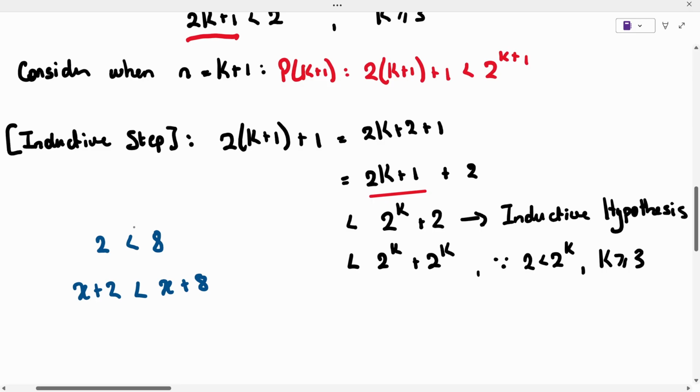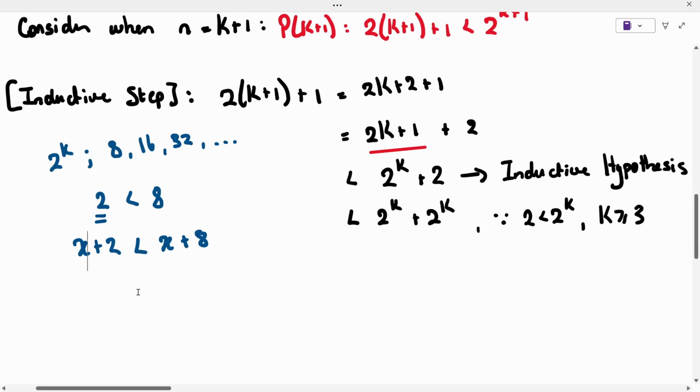So if k is greater than or equal to 3, our possible values of 2^k, starting from 3, are 2^3, which is 8, 2^4, which is 16, 2^5, which is 32, etc., right? And these are all greater than 2. So what I'm saying, now let's write instead of x, we have 2 to the power k.